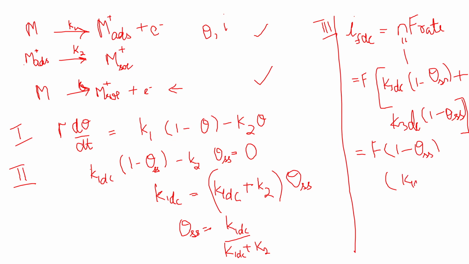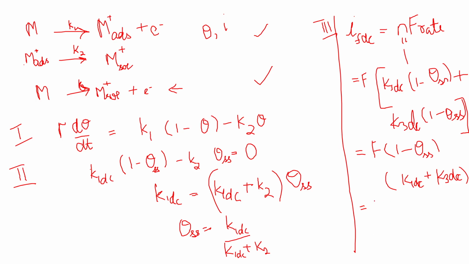Who can tell what's the final expression? Did anyone try this? I had given it last time. Anyone can tell what's the final answer? So what is theta SS? Theta SS is K1 DC by K1 DC plus K2.